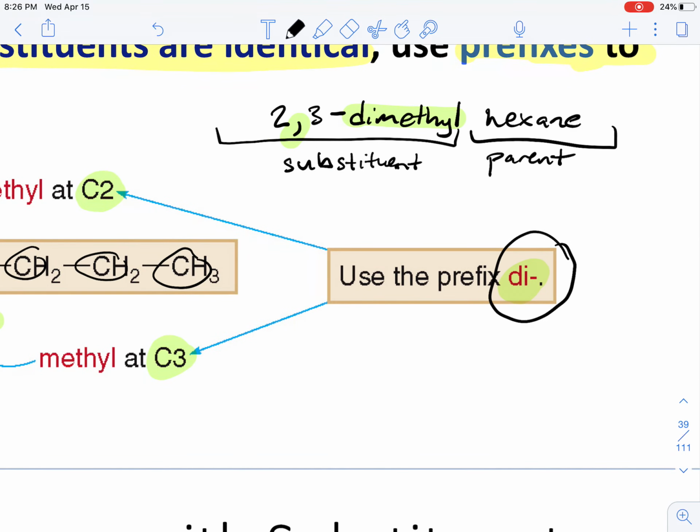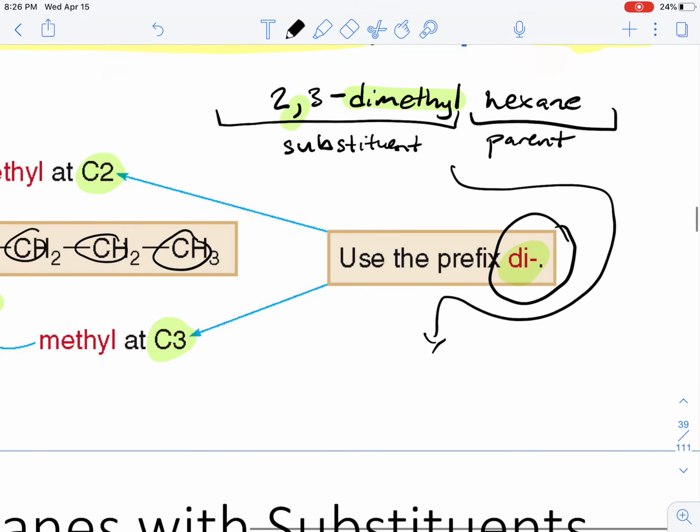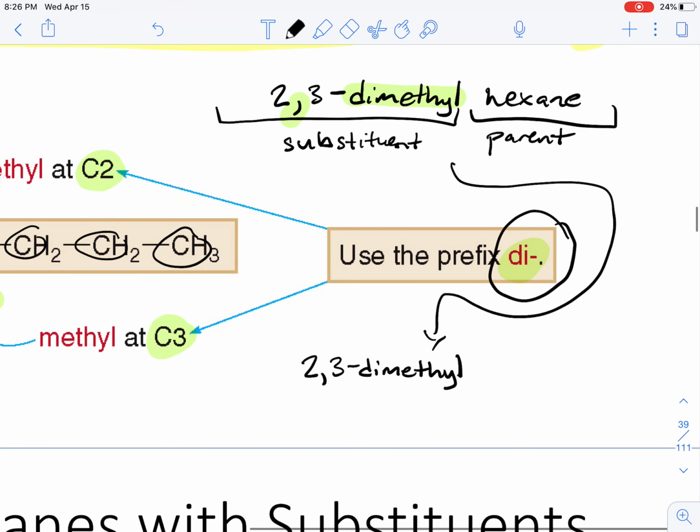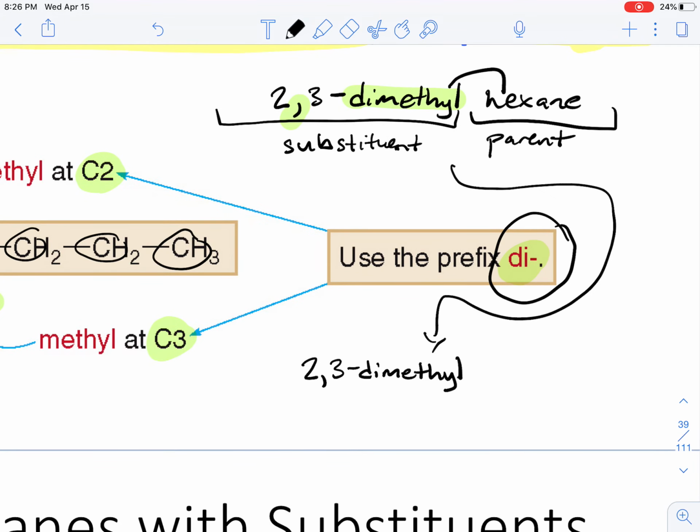So now that we have the pieces, we're simply going to combine them together, and we'll get 2,3-dimethyl. Now, notice that this letter is followed by another letter, and so therefore there's no space or dashes or commas.